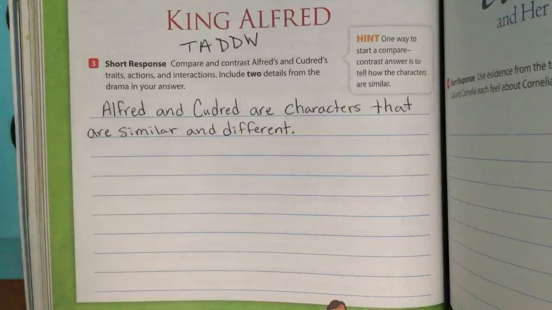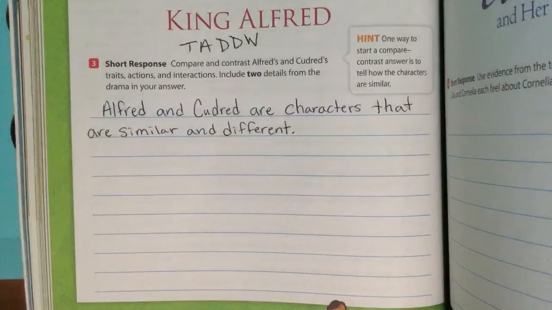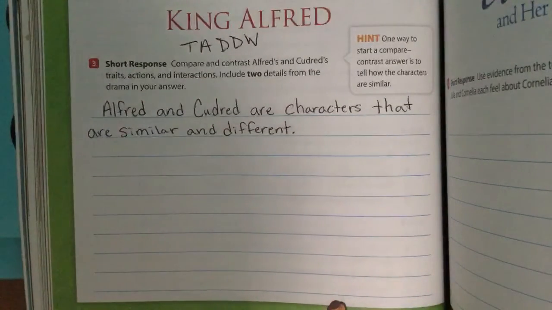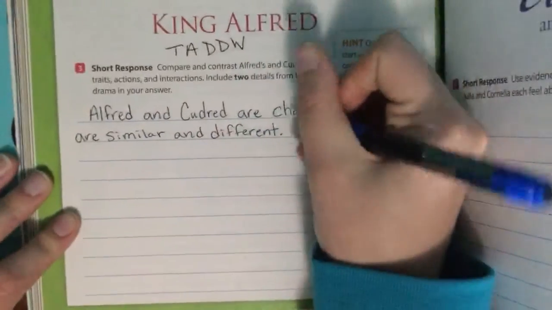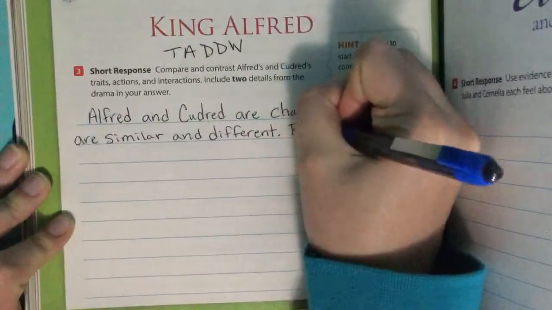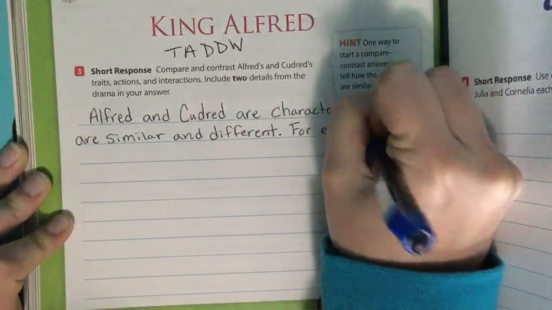Now, it says to talk about their traits and actions and interactions. And it gave us the hint in saying how both of them are. So to start with the similarities, we're going to say, for example, now you can use a starter sentence that works best for you, okay?